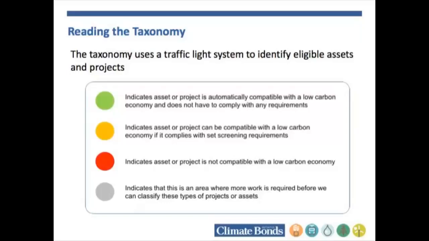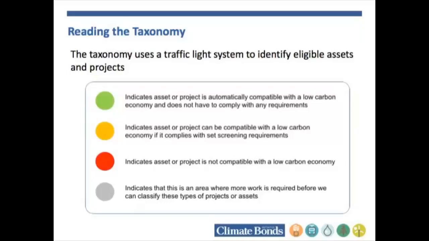And then the final classification is grey, and that indicates that this is an area where more work is required, and we haven't been able to classify these types of projects at the moment. Most likely, in future they will move to an orange classification, and we will have a requirement in there.